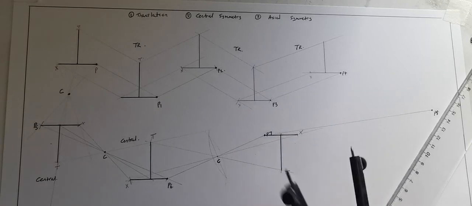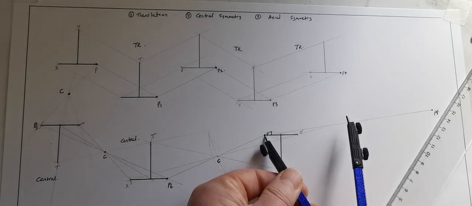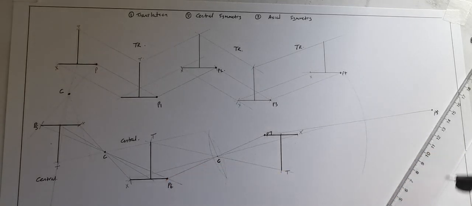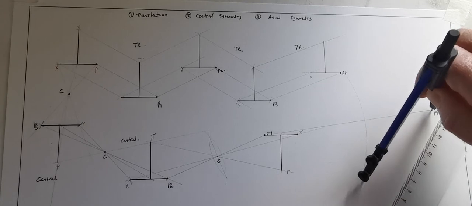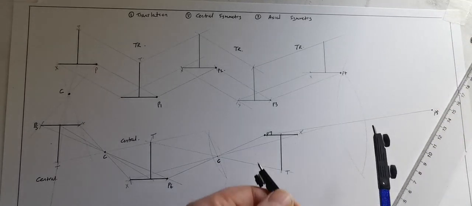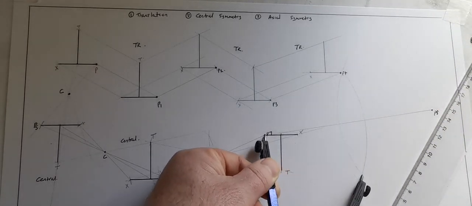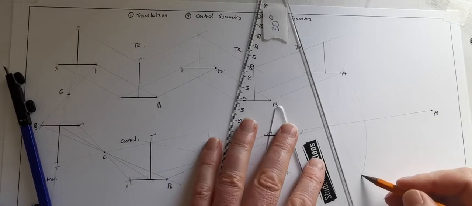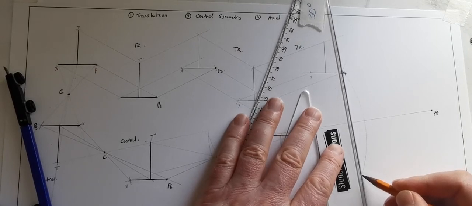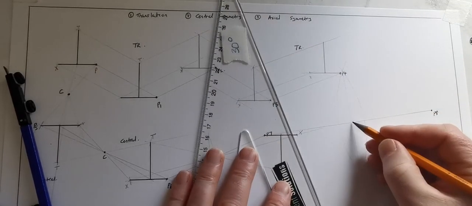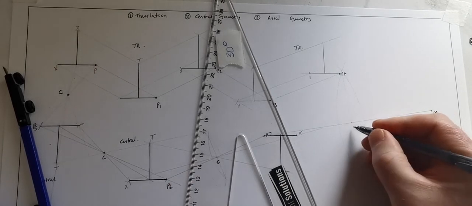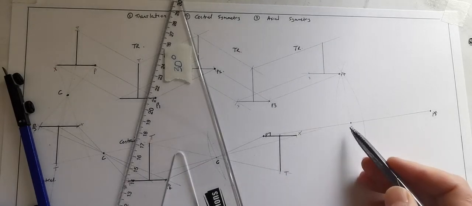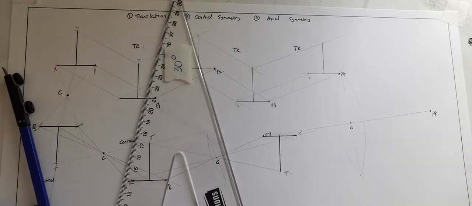So we want to bisect this line: open our compass more than halfway, arc, another arc, so that there is the center. So that's exactly in the middle of P7 and P8. That is the center.